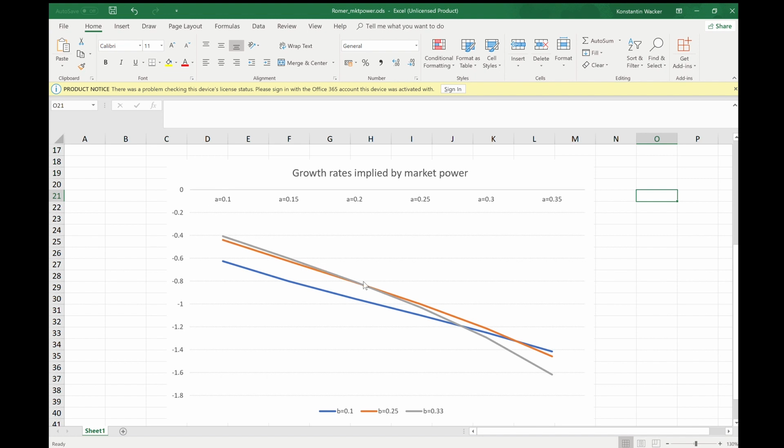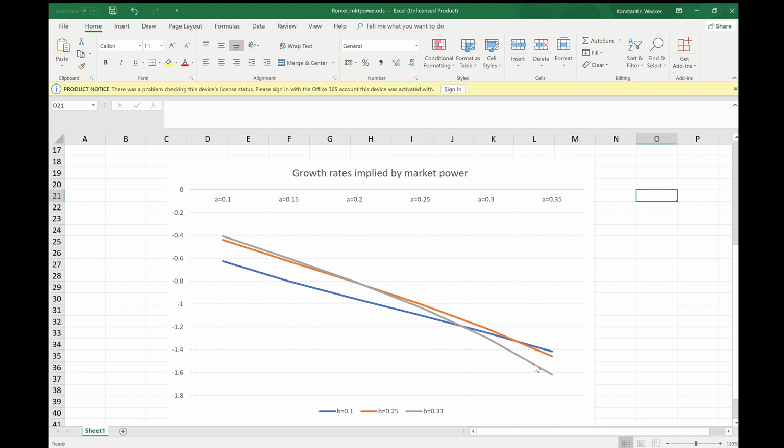This will lead to a decrease in the growth rate. Where does that come from? It comes from the fact that if the marginal return to human capital is higher in the final goods sector, more human capital, skilled workers, will want to work there, therefore making them more expensive in the research and development sector.